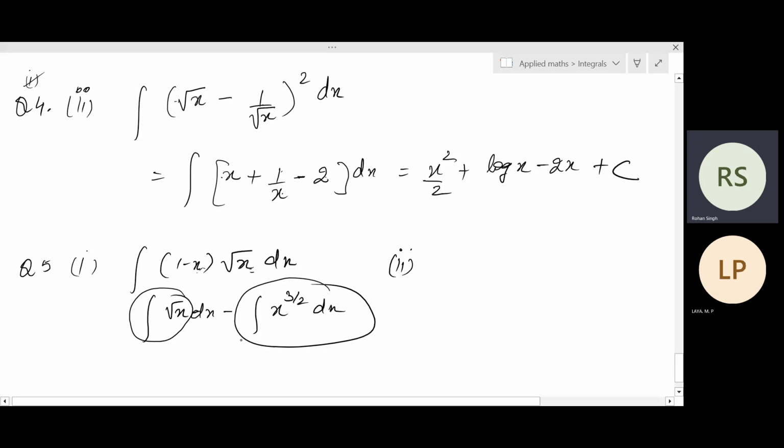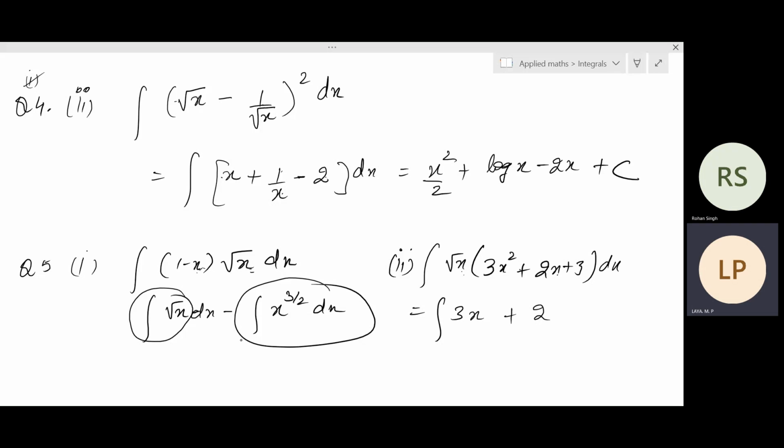In the second part also we have square root of x multiplied by (3x square plus 2x plus 3) dx. Same thing here, we can open the brackets. Which terms are we getting? We are getting 3 square root of x and x square. How much will the degree be?